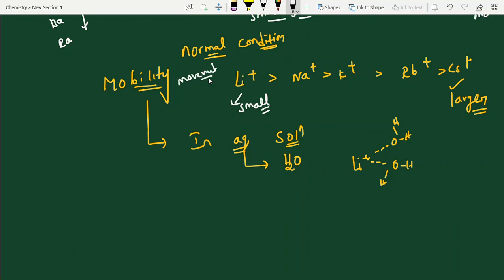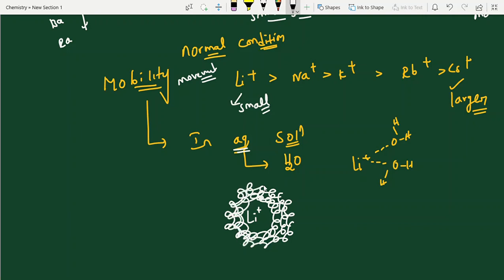Right. Now, if it is in aqueous, then what happened? These small cations are hydrated more. Small cations have more lattice energy, and even more hydration energy also. Whenever hydration energy dominates, solubility is more. So there are more hydrated molecules around it. Now if you look into cesium, because of its large size, it can be soluble, but there are fewer water molecules around it.